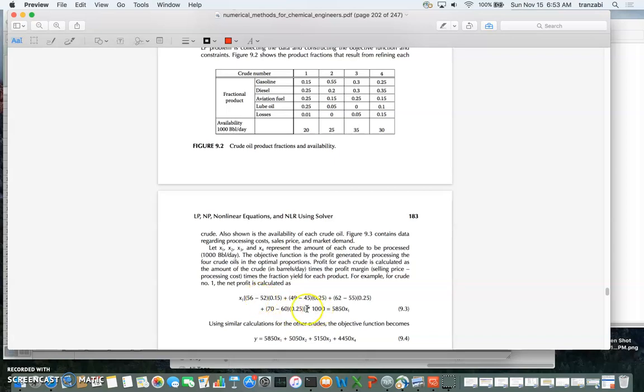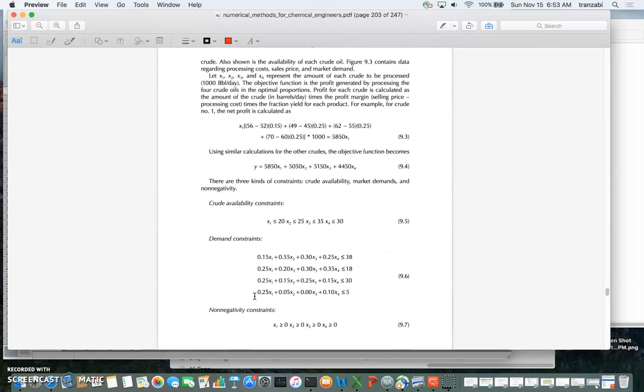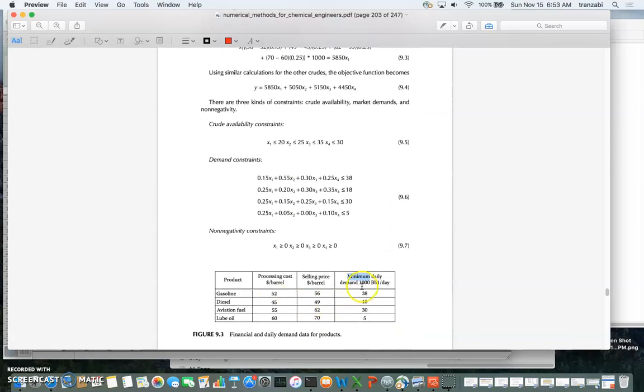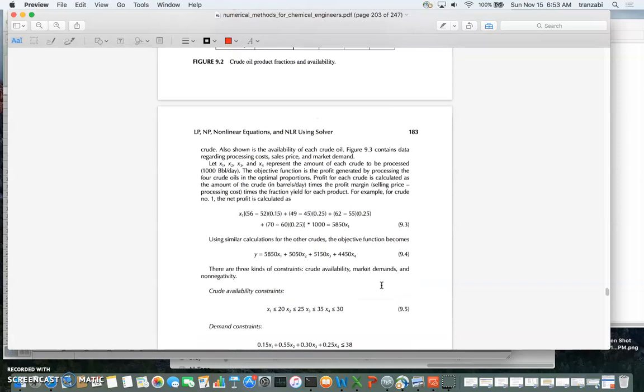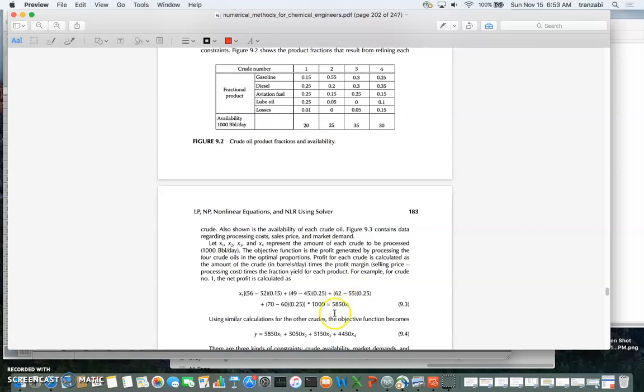And then times 1,000, because these numbers are per barrel, and I want to get something in 1,000 per barrel. The reason is some other constraints are in 1,000, like this one is 1,000 barrels per day. So I'm going to convert all of them to 1,000 barrels per day. And as a result, if my x is per 1,000, then I have to multiply everything by 1,000 as well. Okay, so this is just the gasoline.